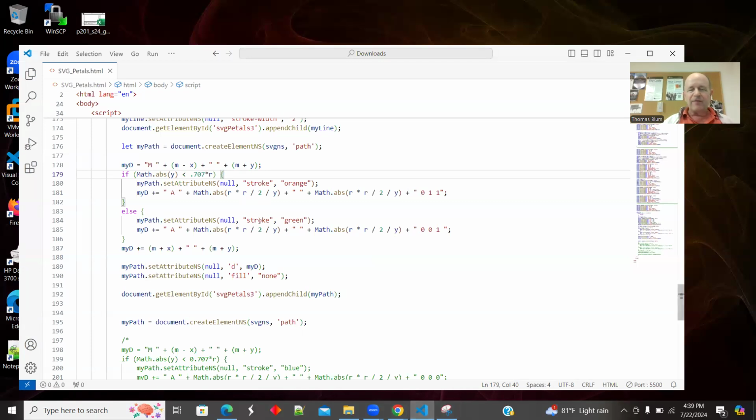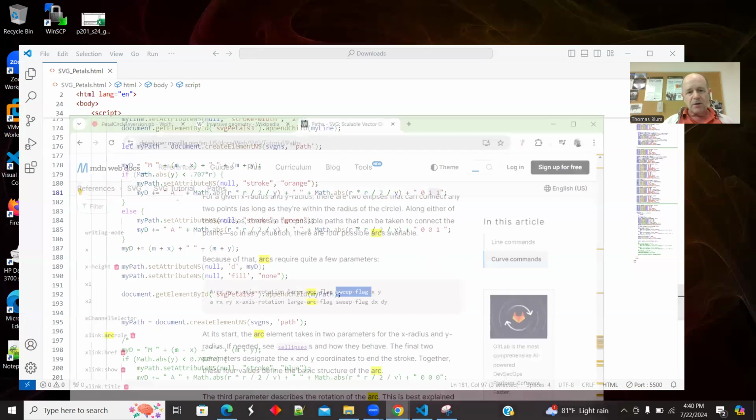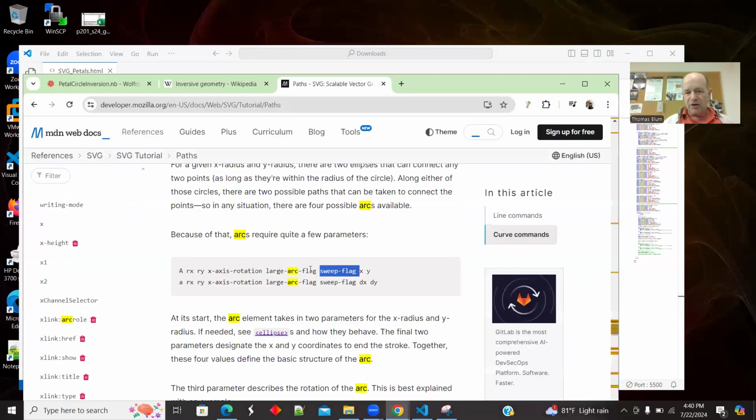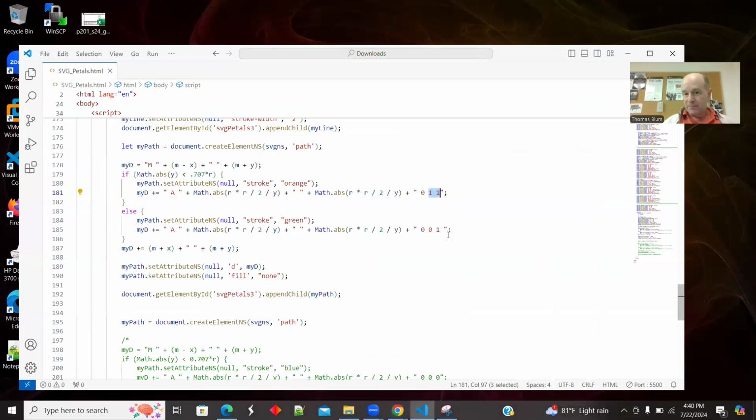If I were thinking of angles, I'm comparing y and r. If I'm thinking of the corresponding angle, that would be a 45-degree angle. So I had to switch these parameters. Again, the large arc flag and the sweep flag, I had to change them.